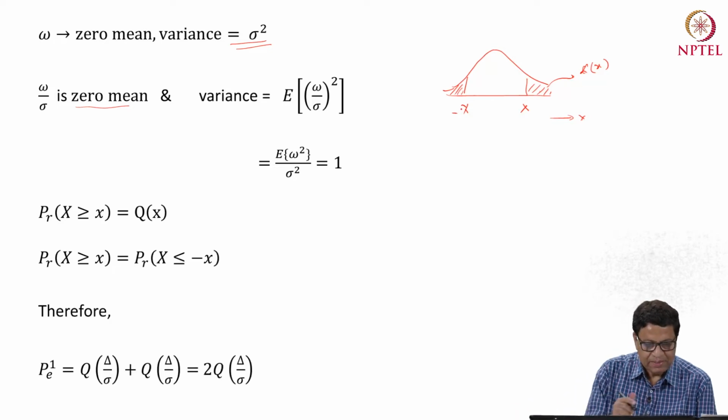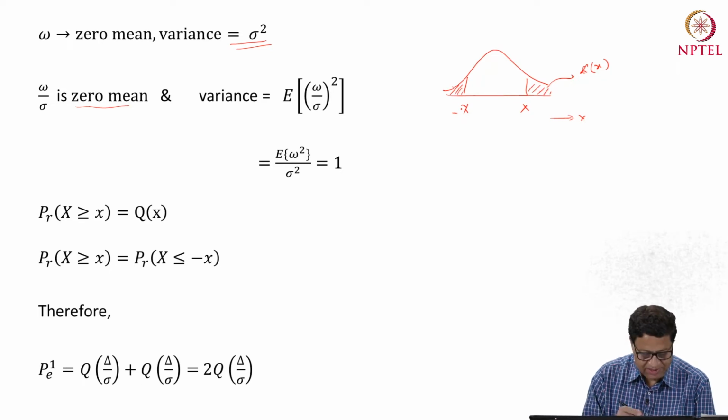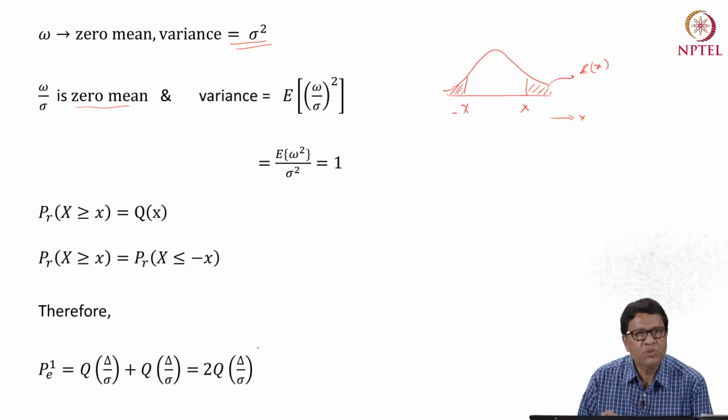Therefore, the PE1, the probability for the interior points, will be Q delta by sigma plus Q delta by sigma. So when you add them, it becomes 2Q delta by sigma.